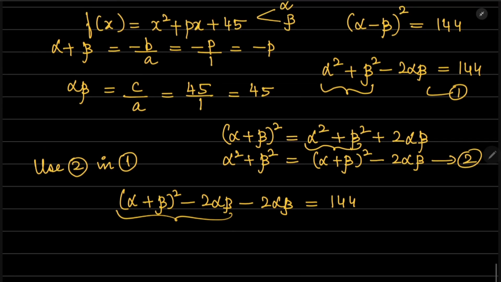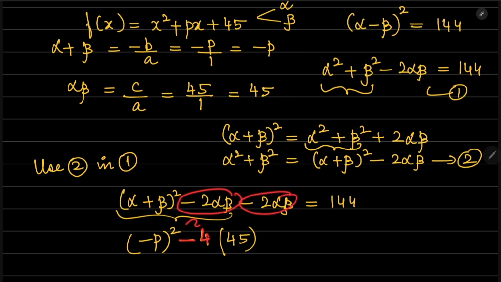What is alpha plus beta the whole square? Alpha plus beta is minus p, so minus p the whole square, minus 2 alpha beta minus 2 alpha beta. So minus 4 into alpha beta, which is 45. Here I have combined the two and directly written minus 4 alpha beta, and instead of alpha beta I have written 45, equal to 144.